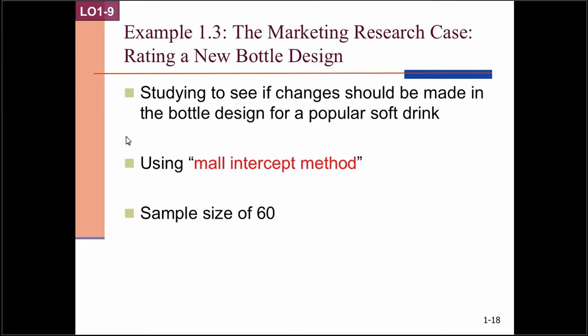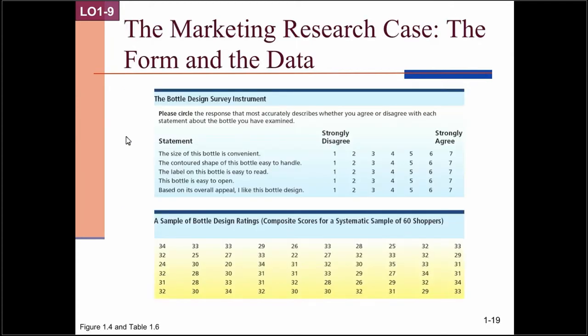The second example, the marketing research case of the new bottle design: what they did, actually, they went to a mall and they used something called the mall intercept method. They only picked 60 customers, and they built their findings based on that sample size.